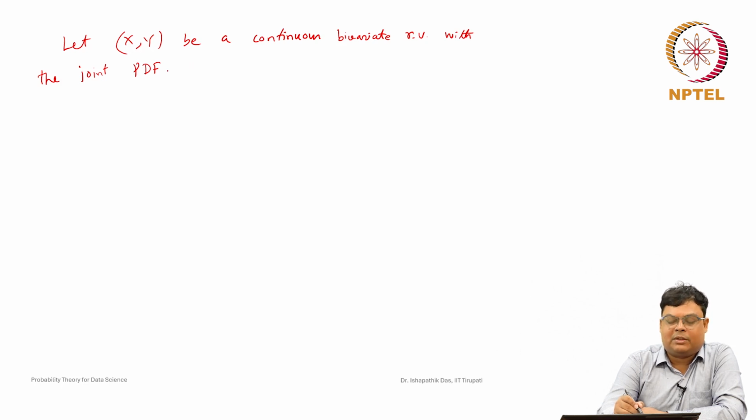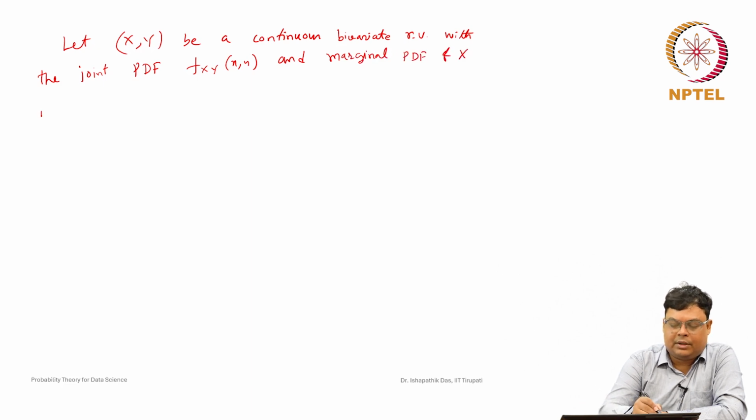Instead of the probability mass function, we will discuss the joint probability density function f_XY, and the marginal probability density function of X is f_X(x) and the marginal probability density function of Y is f_Y(y).